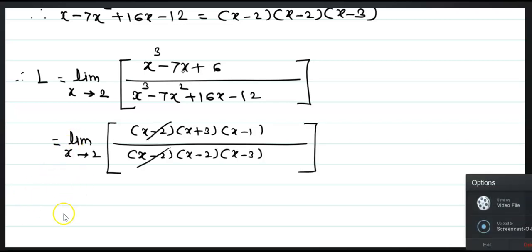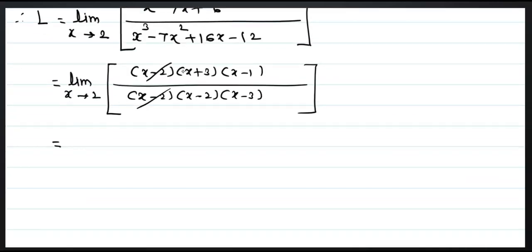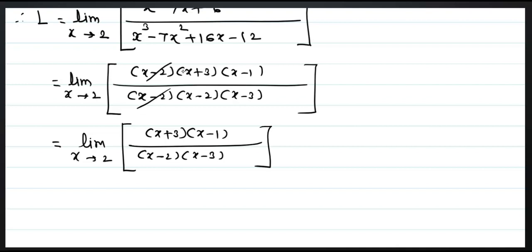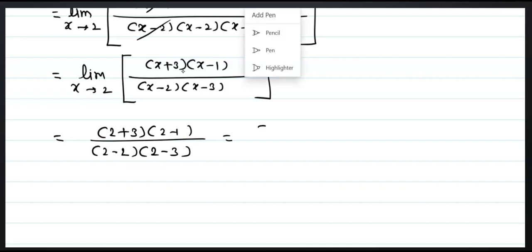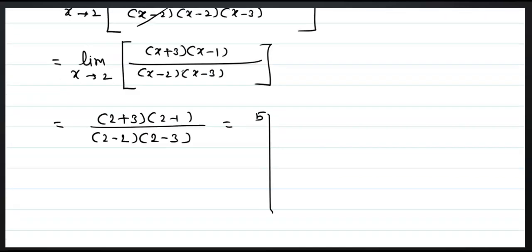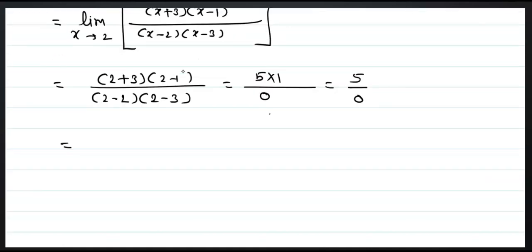Now, x minus 2 will cancel from the numerator and the denominator. Now, if we substitute x equals 2, then what will you get? In the denominator there is x minus 2, therefore the denominator is 0, and that's why the limit of the given function does not exist. If the denominator is 0 for the limit, then the limit of the function does not exist.